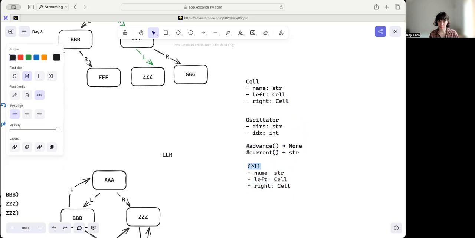So a state has a current cell. It has an oscillator.